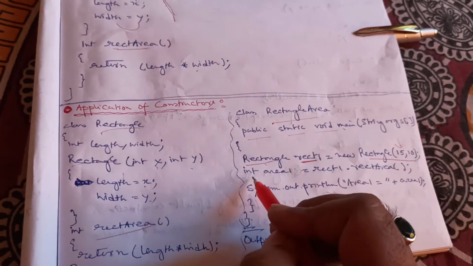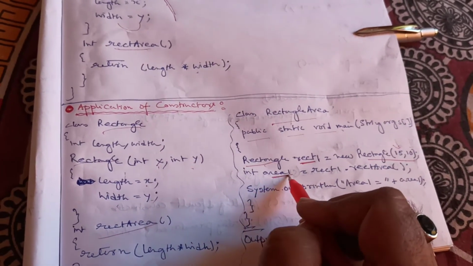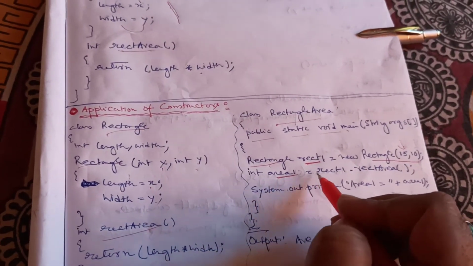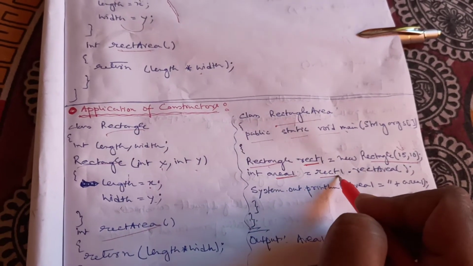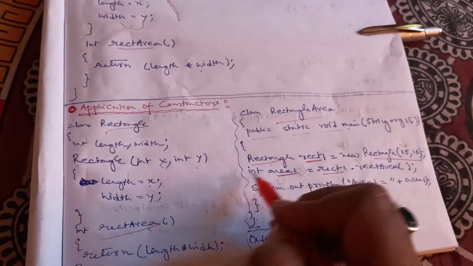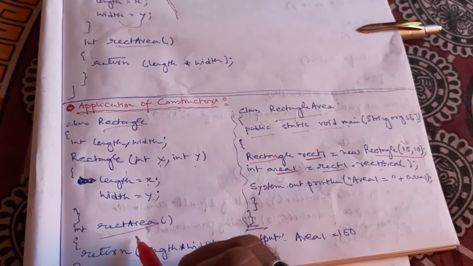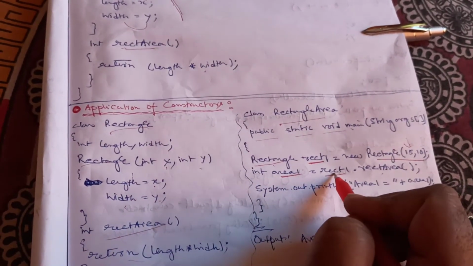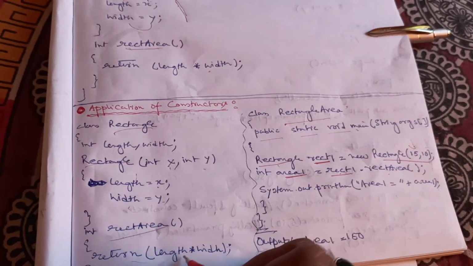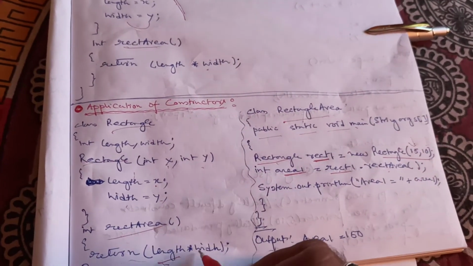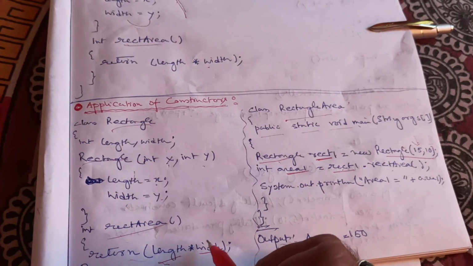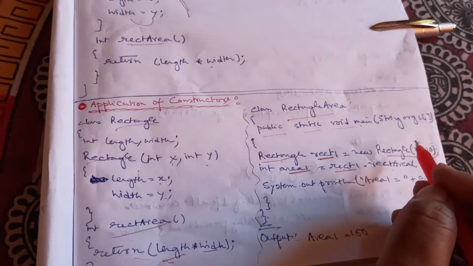Clear? Now here, area is an integer variable. Here we are calling rect1.rectArea, meaning we are calling the rectArea method of the rect1 object. So when we are calling, what will happen? Length and width will be multiplied and area will be calculated.